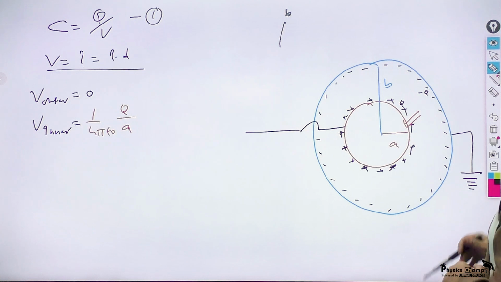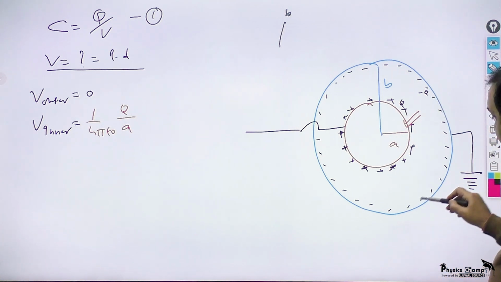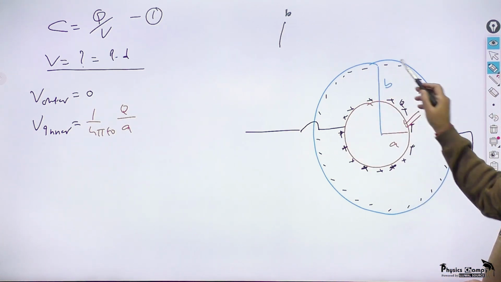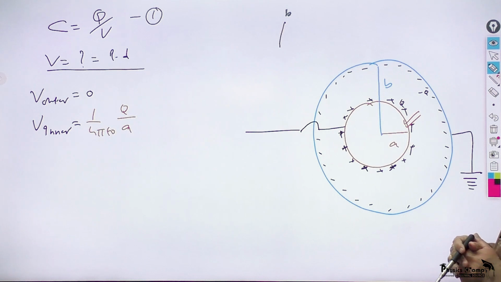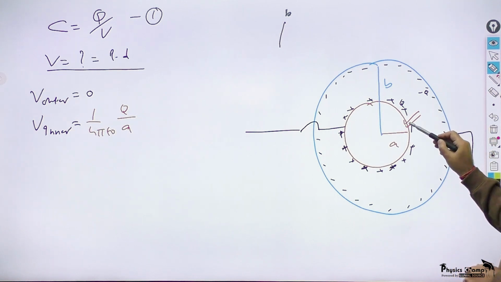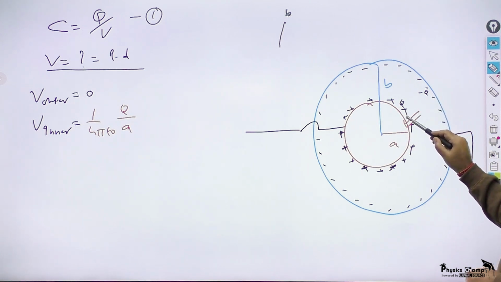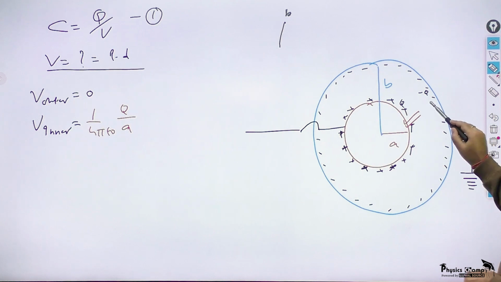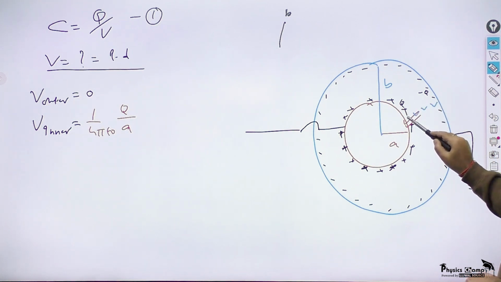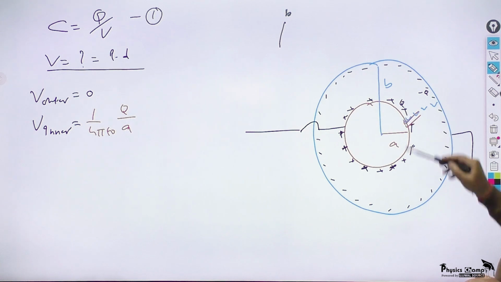But at the same time, this negative charge, which is on the inside of the outer shell, will also provide a potential here. On its own, minus Q will have a potential minus Q by B. And whatever is the potential inside of it, minus Q by B, will also be present on this inner shell.